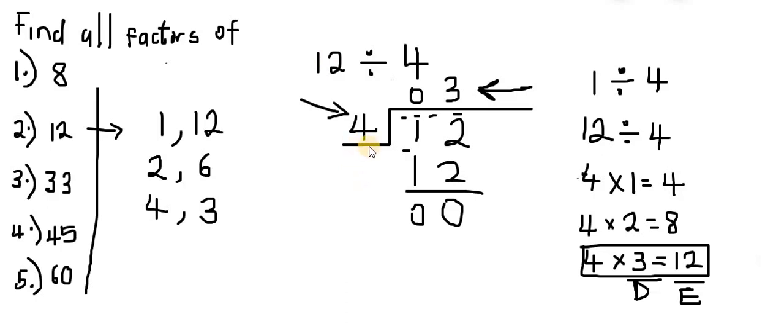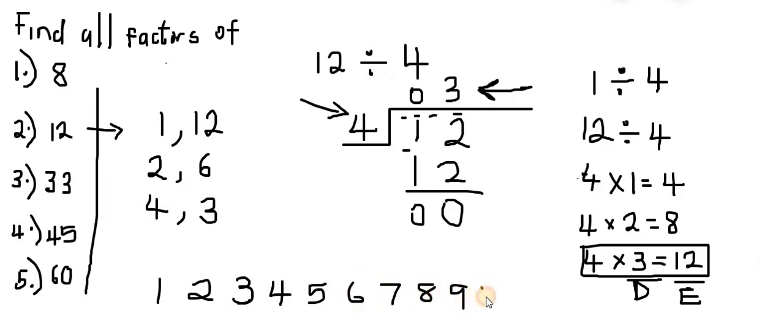Now, if you don't believe me, remember, all factors have to be less than or equal to the number. So they're between 1 and 12. So if you say 1, 2, 3, 4, 5, 6, 7, 8, 9, 10, 11, 12.